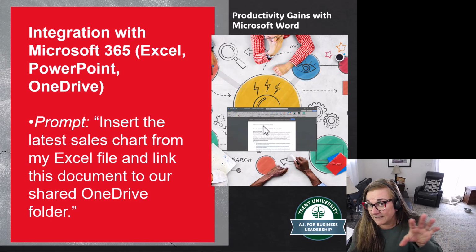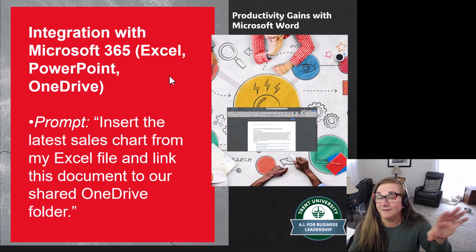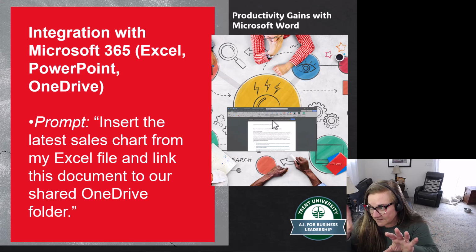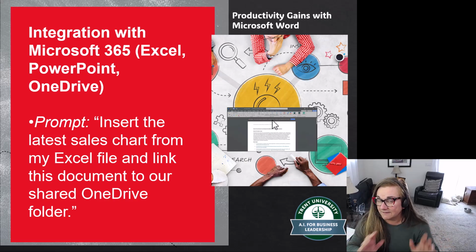Because I'm in the same ecosystem where that file is saved, on SharePoint, it will be able to see it, and it'll be able to put in a summary from that spreadsheet. It's looking at the Excel document and summarizing it, which is kind of cool. Now that's kind of a high level, right?